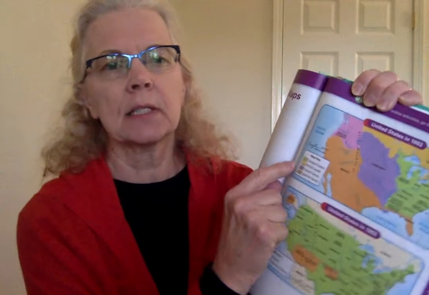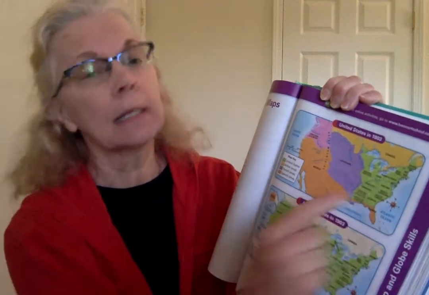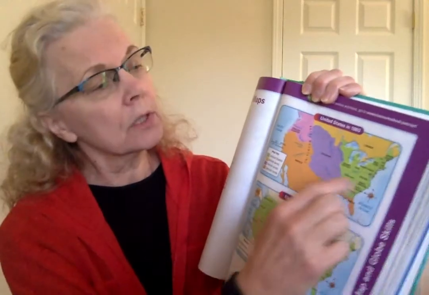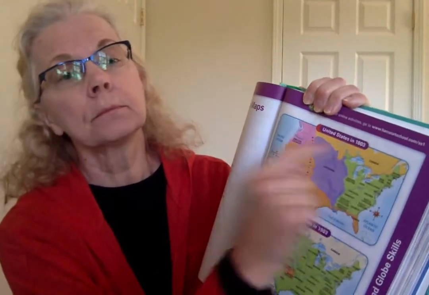It's always important to look at the map key. When we look at this map key, we see lots of different colors, and each of those colors means something. The green says this is the United States back in 1803. We weren't a very big country yet, were we? British lands were up here in Canada.